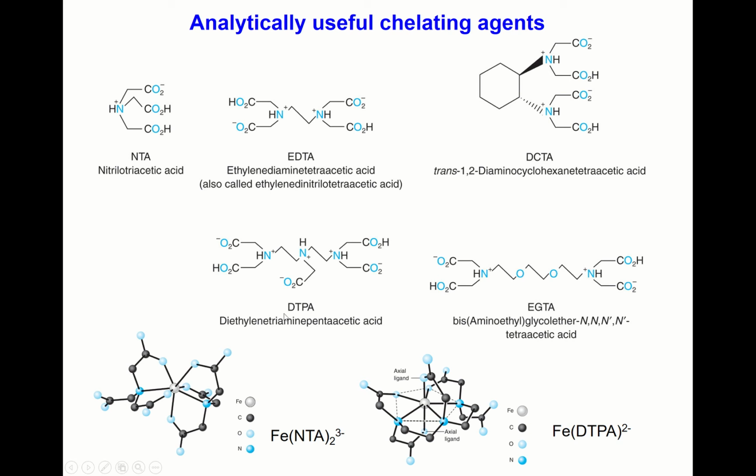these molecules. For example, NTA, nitrilotriacetic acid. It is a tetradentate chelating agent because there are one, two, three, four arms. This is also widely used for specific purposes. I think this is good for nickel ion complexation. And here is EDTA.